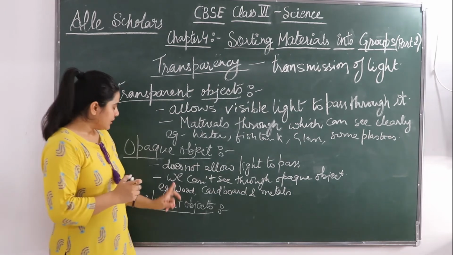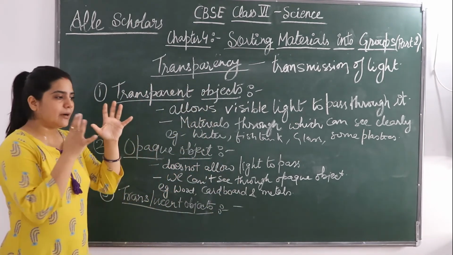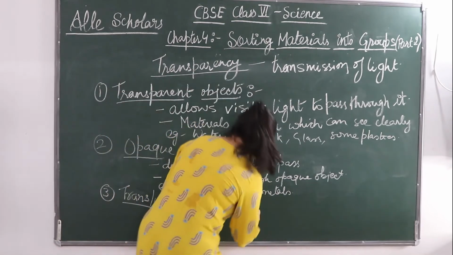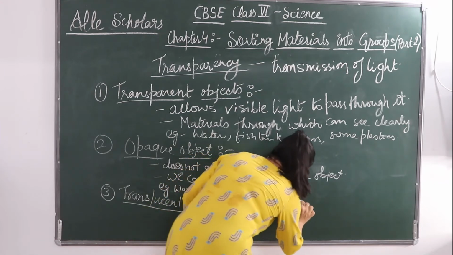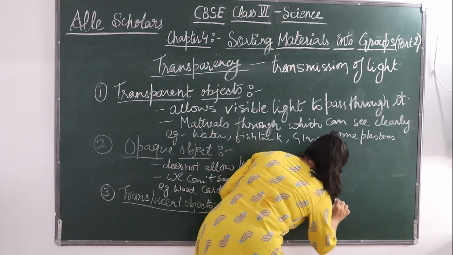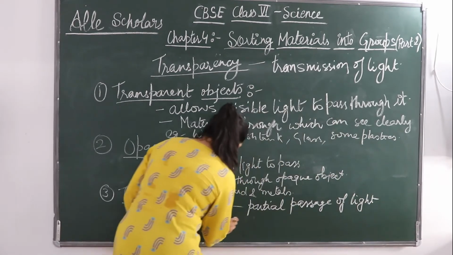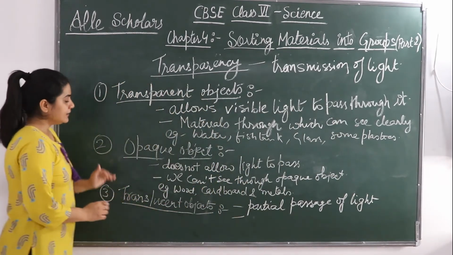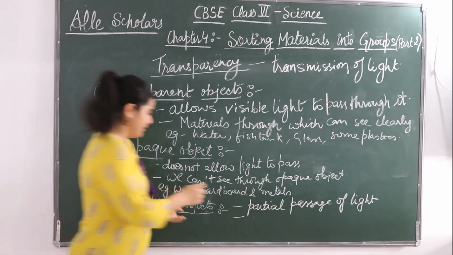So light passes, but there is a partial passage of light. We can see through it but not clearly.